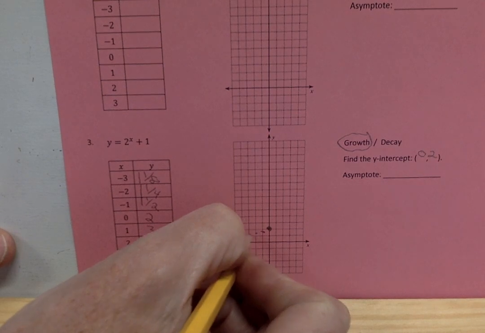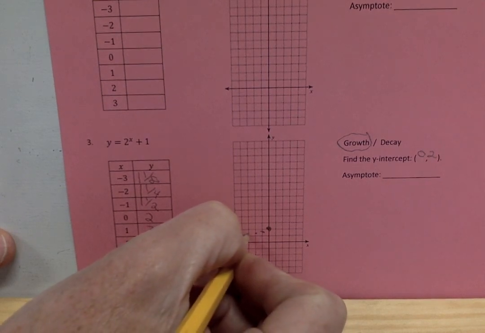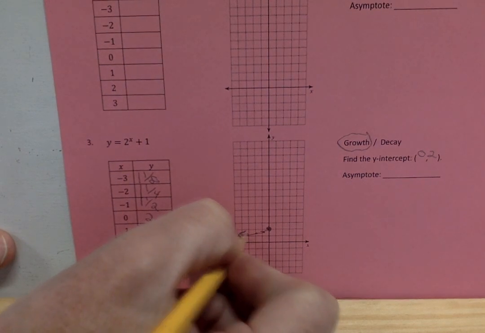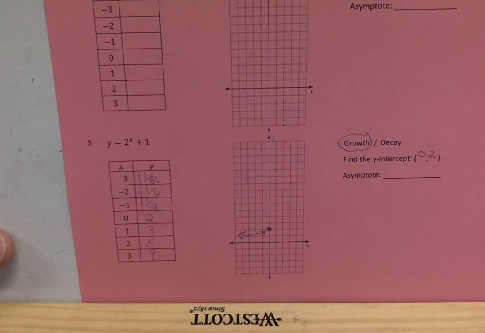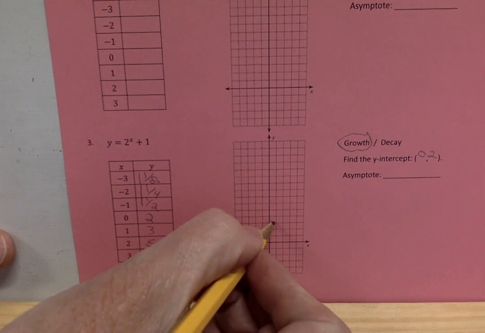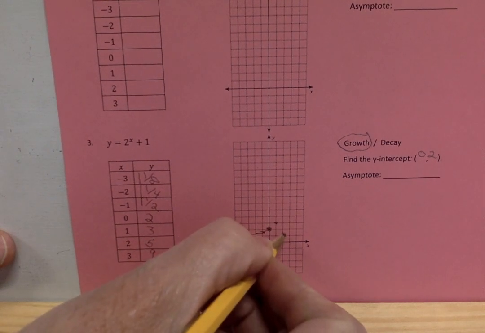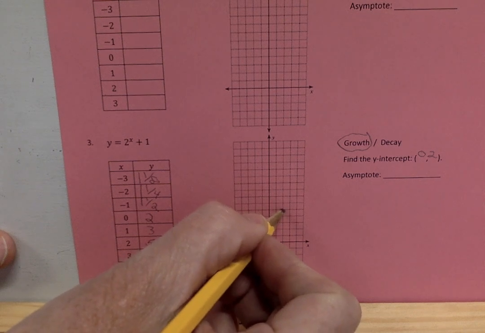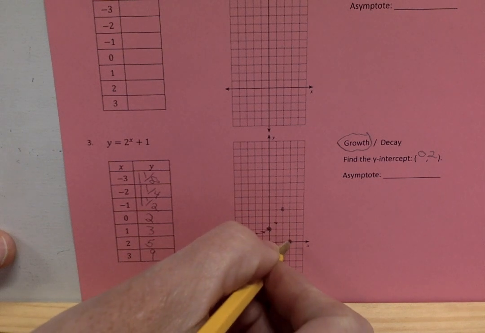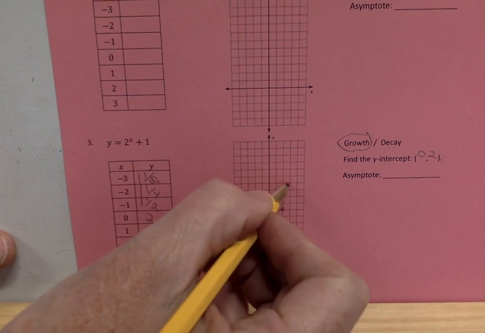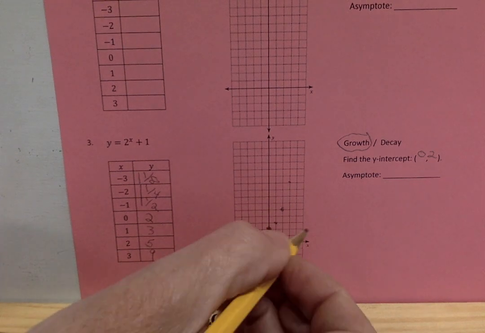And then it's just kind of getting closer and closer to that 1. And I know my line is going to curve up, and that's going to get closer and closer to 1. Then I go 1, 3, 2, 5, 3, 9.